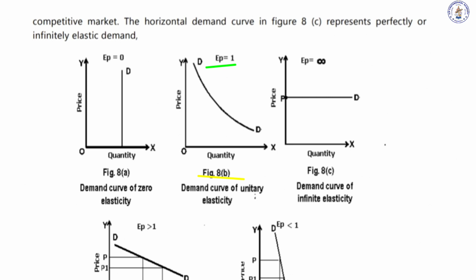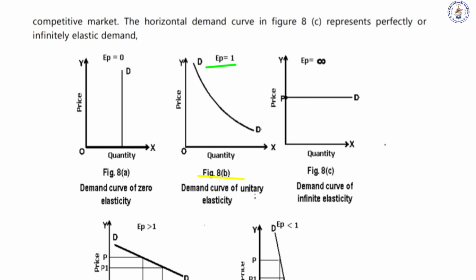That is, they are relatively equal. A unit of price decrease faces the same amount of unit change in the quantity demanded. When the price decreases, the quantity increases. When the price increases, the quantity demanded decreases. But the percentages of increase and decrease are the same. This is what is called unitary elasticity of demand.